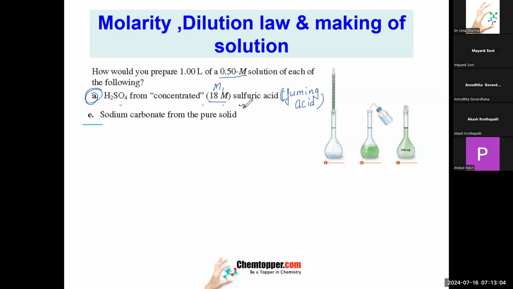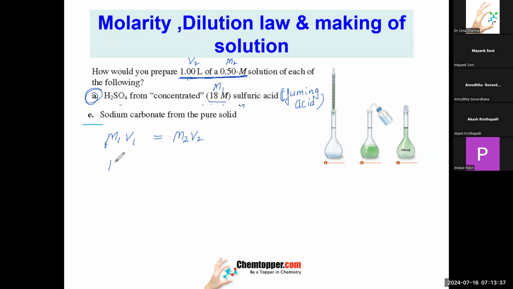Yes, how to do this question? Can I say this is M2? This is V2? They are asking me to take this acid and make a solution of this molarity in this much volume. So I can use this equation M1V1 equals M2V2. And don't worry, this is in liters. Okay, good.